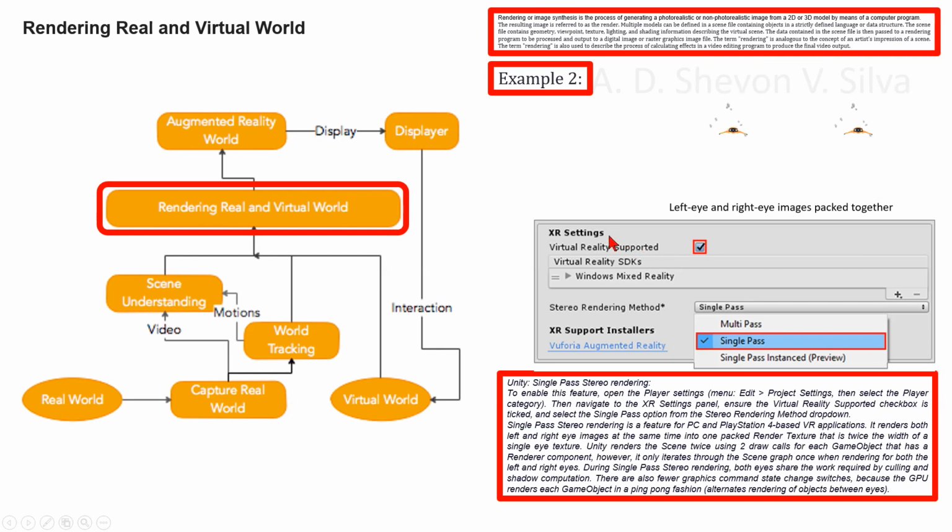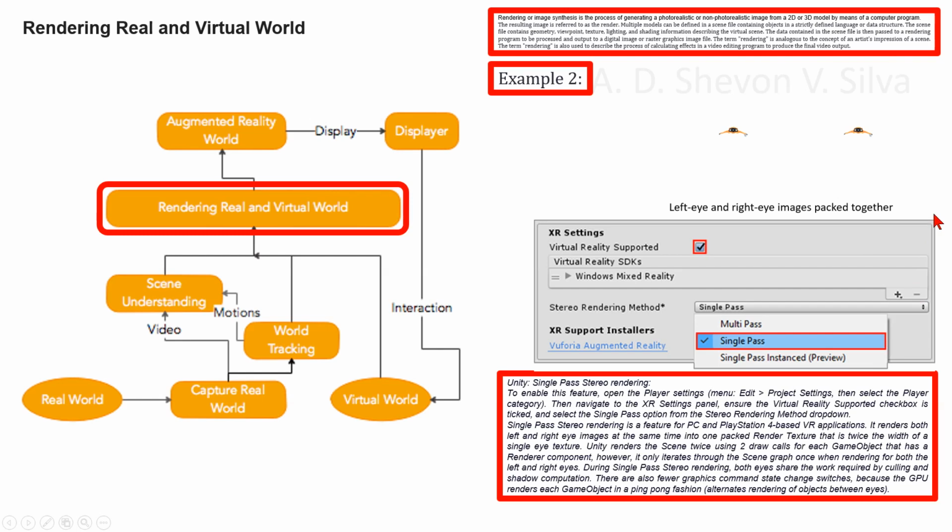Ensure the virtual reality supported checkbox is ticked and select the single pass option from the stereo rendering method drop down here.